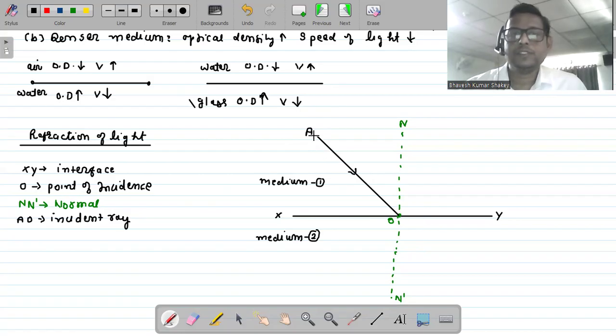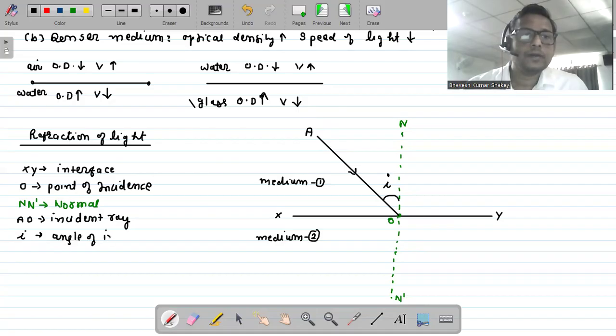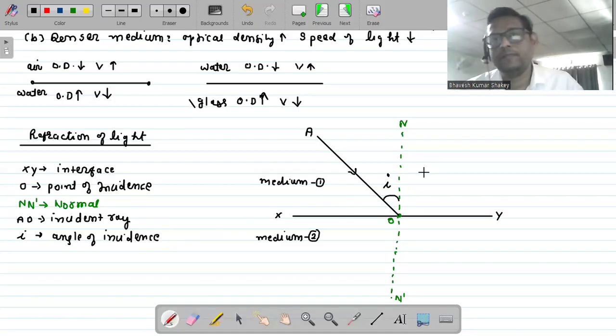Now this incident ray AO is making an angle I with the normal. This I is called the angle of incidence, or I can define the angle of incidence as the angle between the incident ray and the normal. Now, as we know by the property of light, light rays always travel in a straight line in a particular medium.